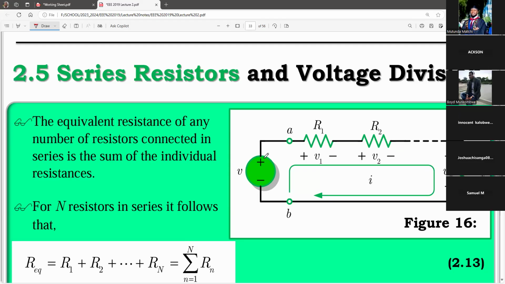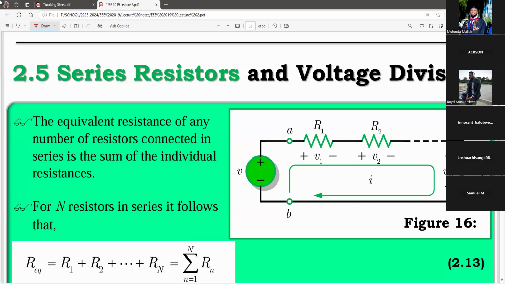And then someone asks you to find the voltage across the 95th resistor or the nth resistor. If you try to close the circuit, determine the loop current and multiply that current by the resistance of that resistor, that would lengthen the process.